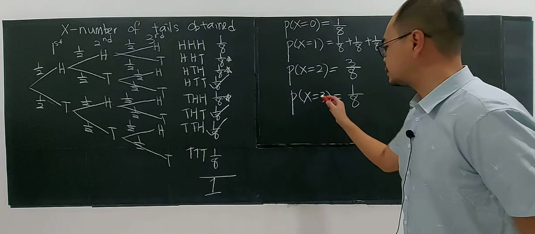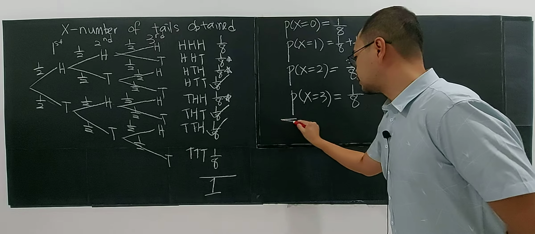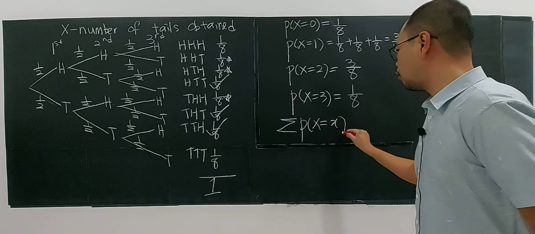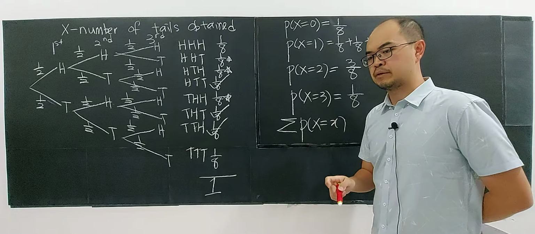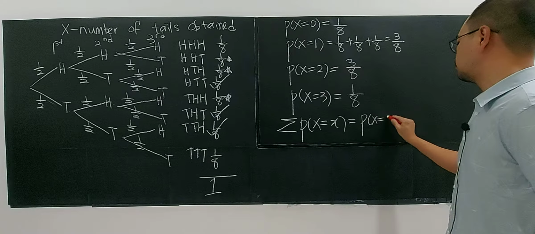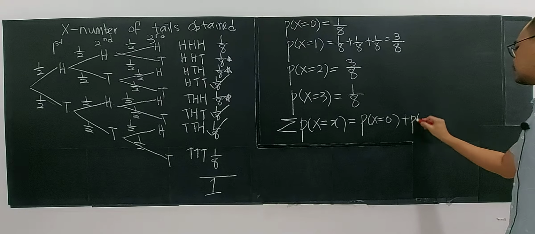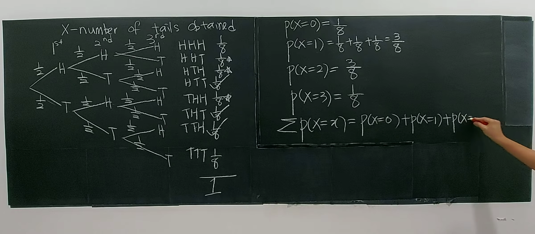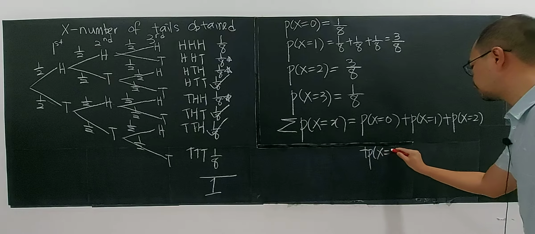So how to show that this is a discrete random variable? Very easy. Look at it this way. A discrete random variable has the sum of all the probabilities of each value equal to 1. For this case, P(X=0) plus P(X=1) plus P(X=2) plus P(X=3).